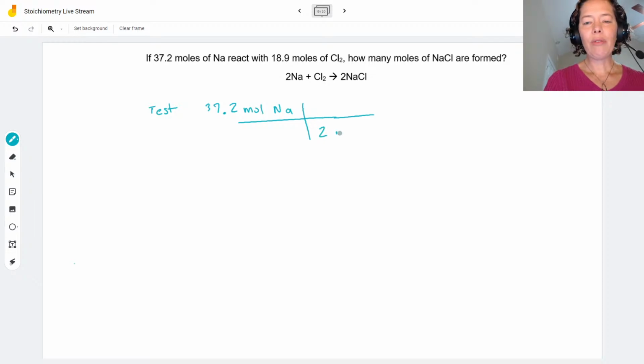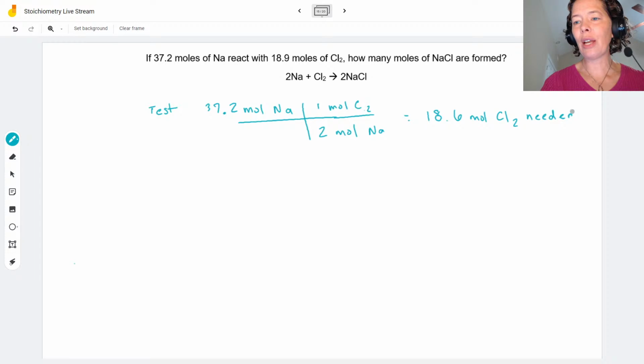Again, I want to find out if I'm going to use all of my moles of sodium, how many moles of chlorine would I need to do that? Okay, so this is 18.6 moles of chlorine. My pen is just not really working very well tonight. Chlorine. Again, this is what is needed.